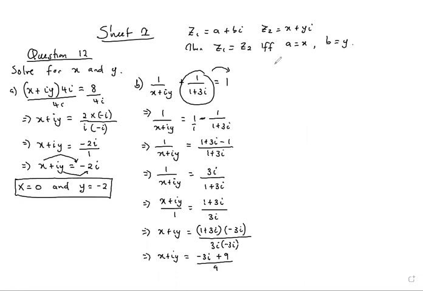Look, this step here, if you have a over b is equal to 3 over 4, if you cross multiply, we get 4a is equal to 3b.